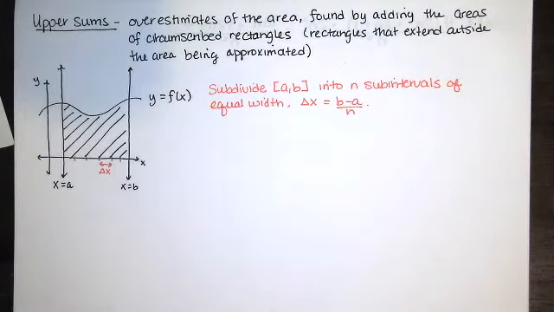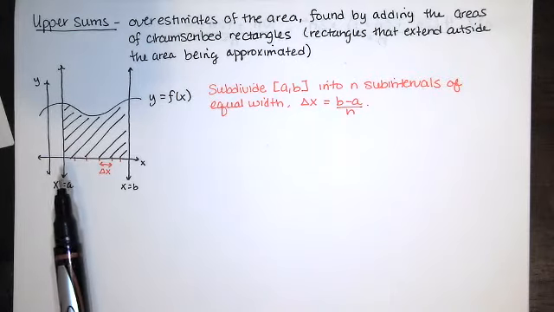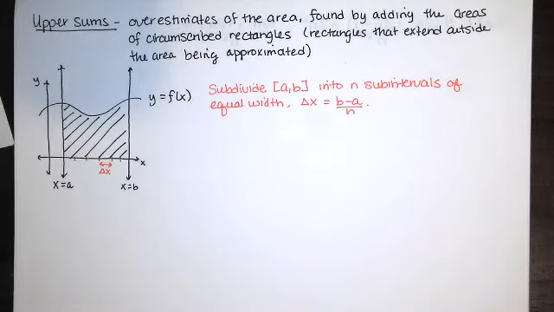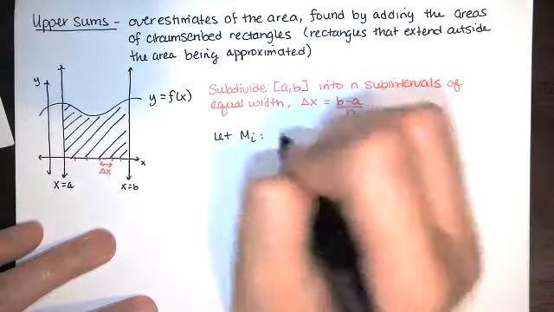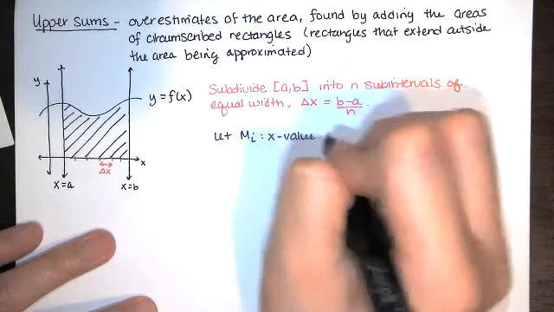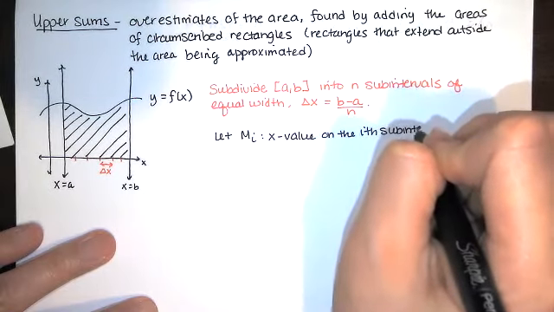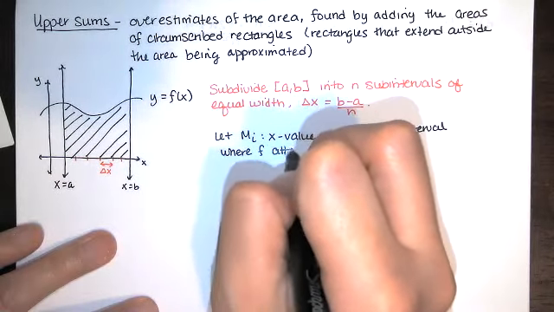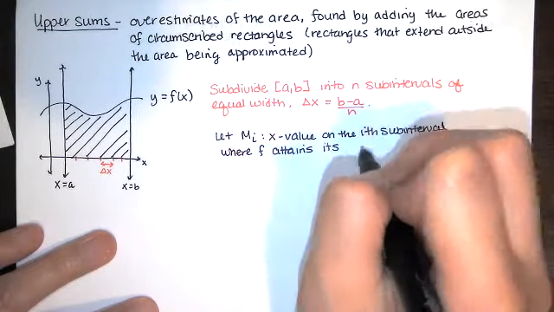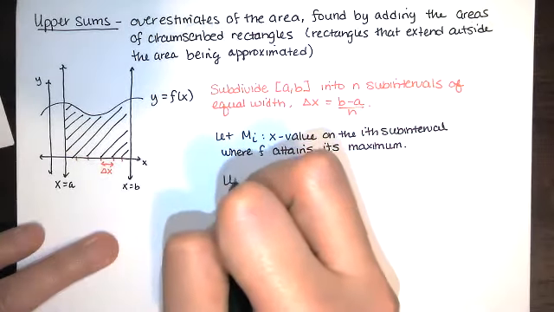Now, if our function f of x is a continuous function, on each of these subintervals, it's guaranteed to have an absolute maximum and an absolute minimum by the extreme value theorem. If I let m sub i be the x value on the ith subinterval where f attains its maximum value, then the upper sum is defined this way.